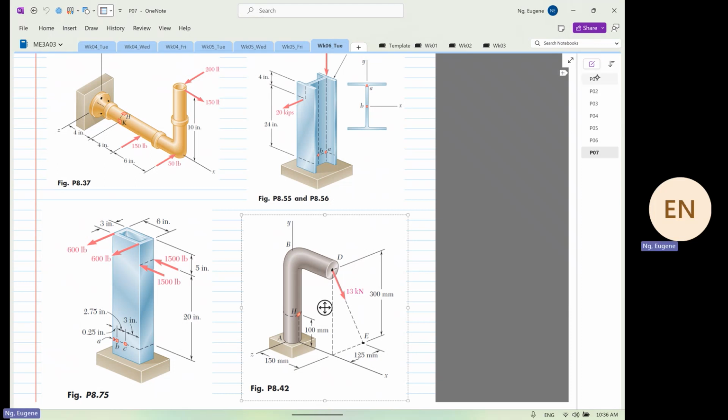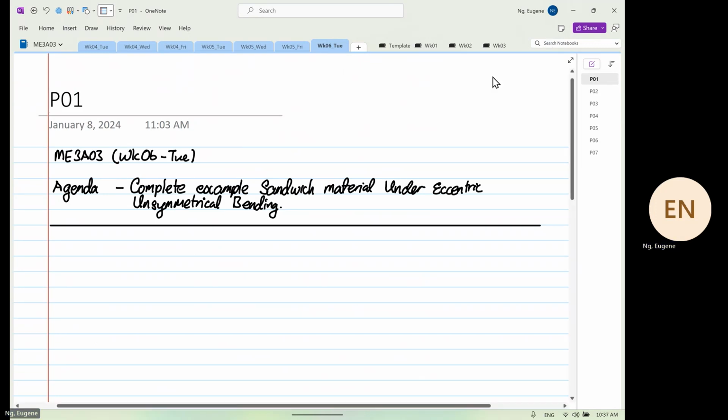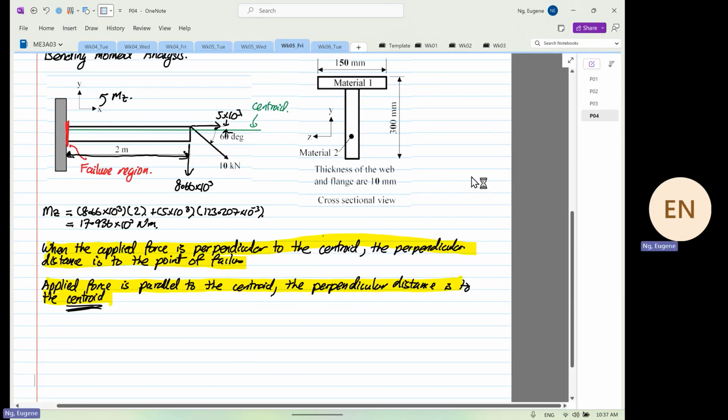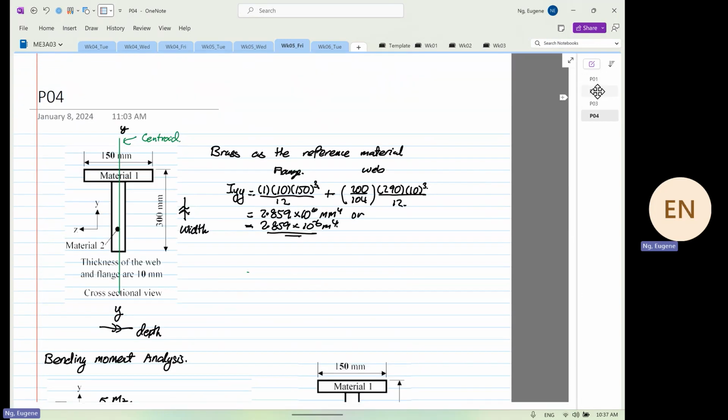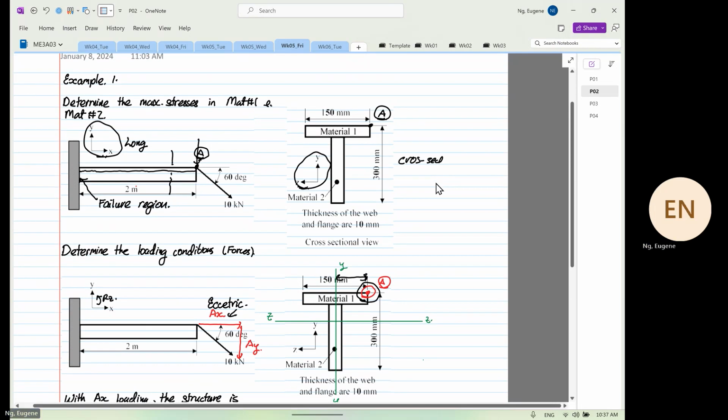Before we go over there, let's complete our problem. Doing the analysis, let me bring us back to here. I'm going to copy this diagram.